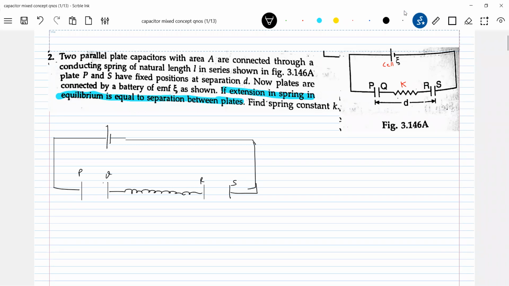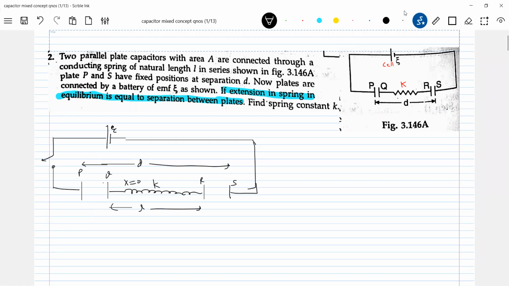So this length is equal to D, and this length is equal to L. Initially we'll bring one switch. There's no elongation. Spring is at natural length, no deflection. Put x equal to 0. Spring is at natural length.